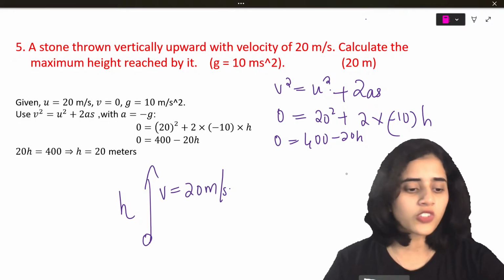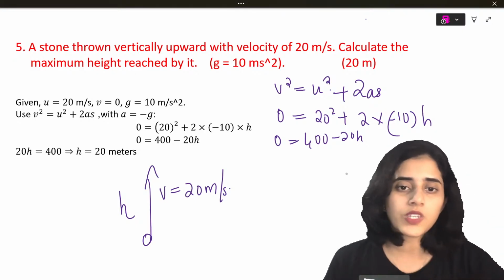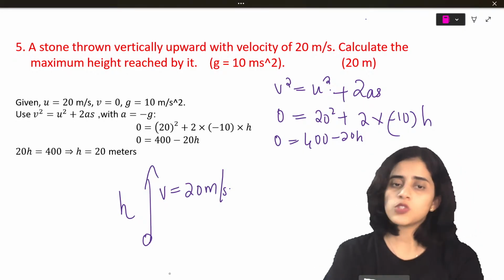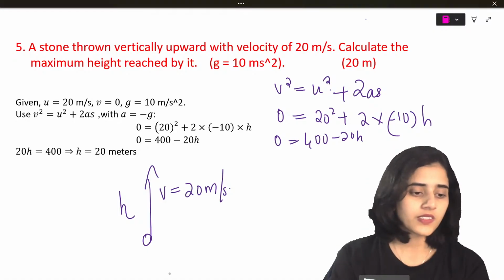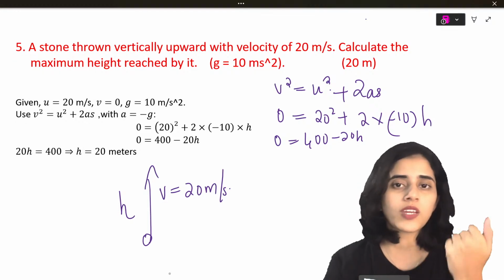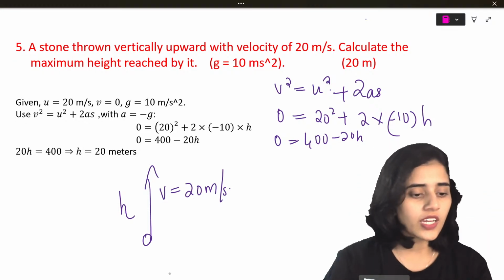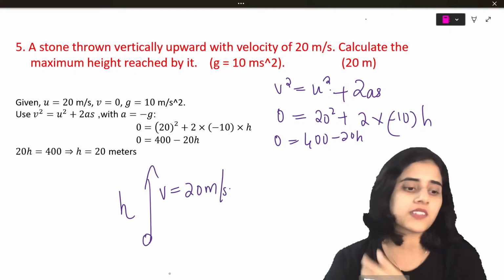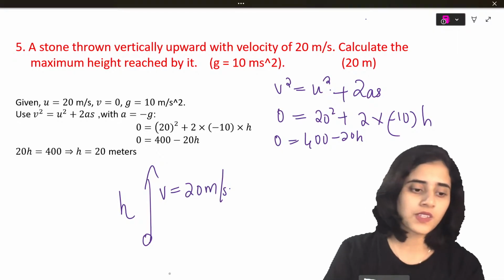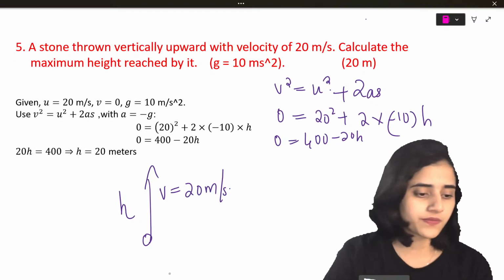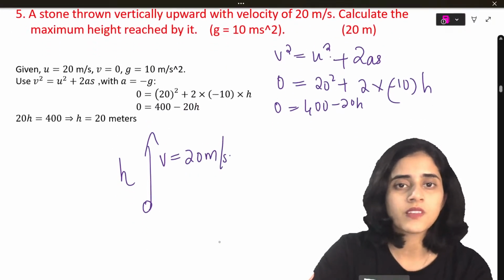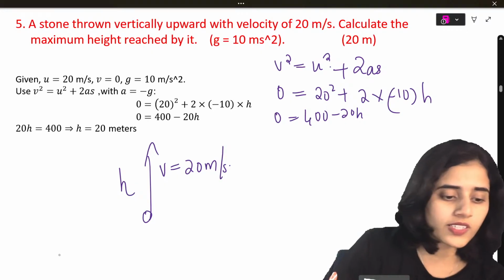If you use that formula also, you should be getting the same answer. Whichever formula you use, students, in any formula with the same parameters where you can put u, g and h, you should be getting the same answer. Shiva, you can try with that formula. You will definitely get 20 itself, because you're finding out the same thing. So for others, Shiva also told us that there's a formula.